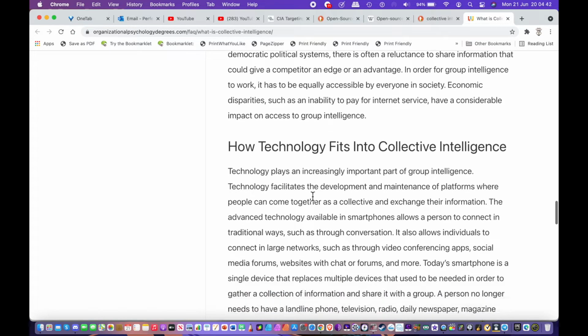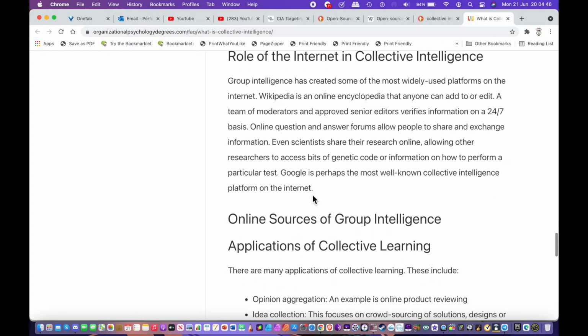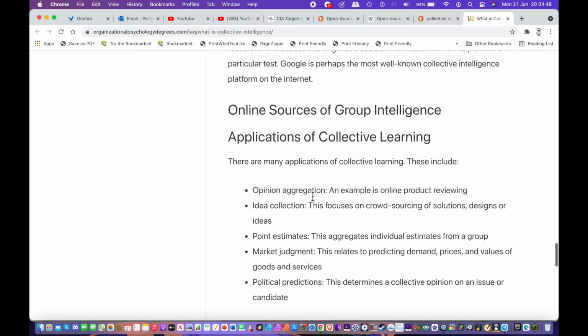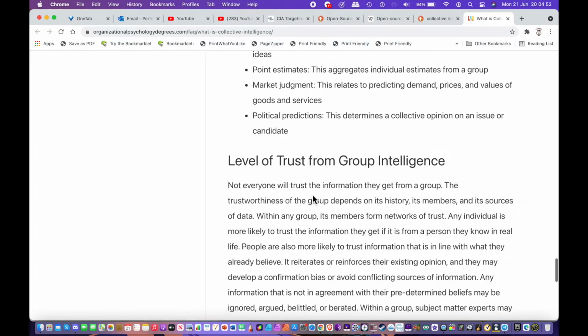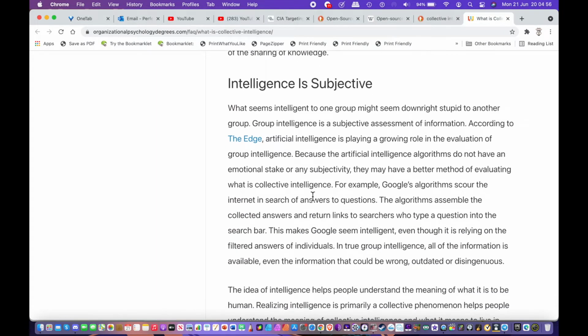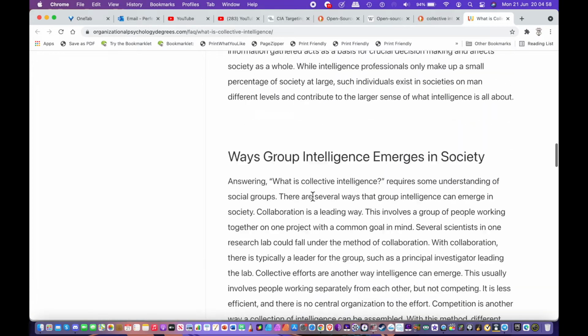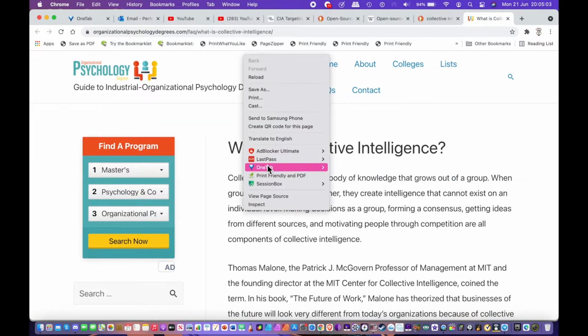Are they going to technology, internet, online sources of intelligence? Okay. That was kind of interesting.